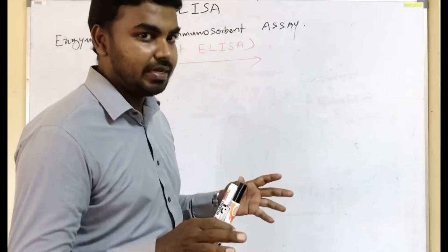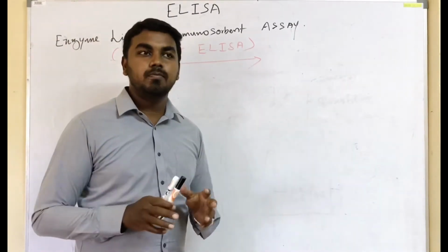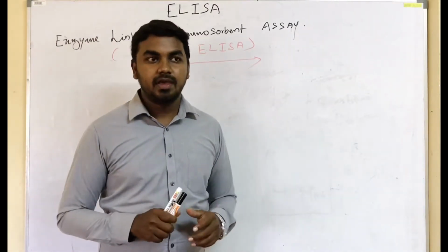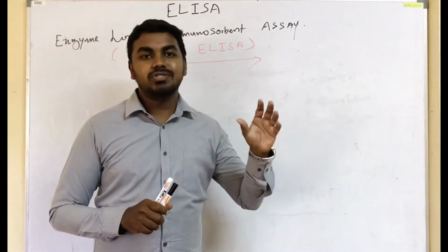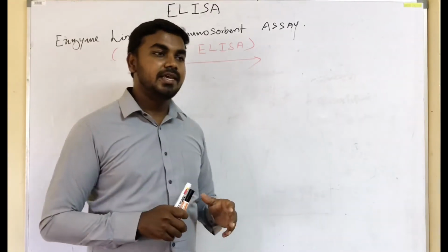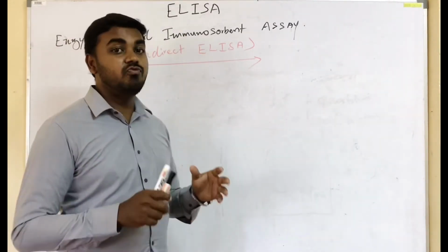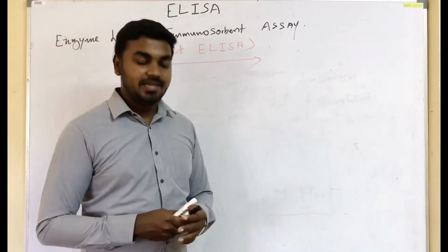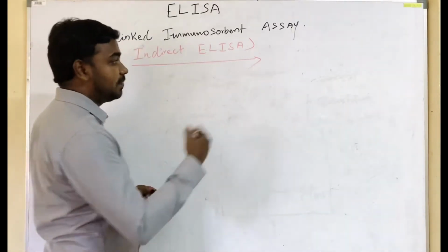Before we learn indirect ELISA, we should know how an ELISA plate looks. We have a microtiter plate, or as we say, a 96 well plate. It has 96 wells, and it looks similar to this.